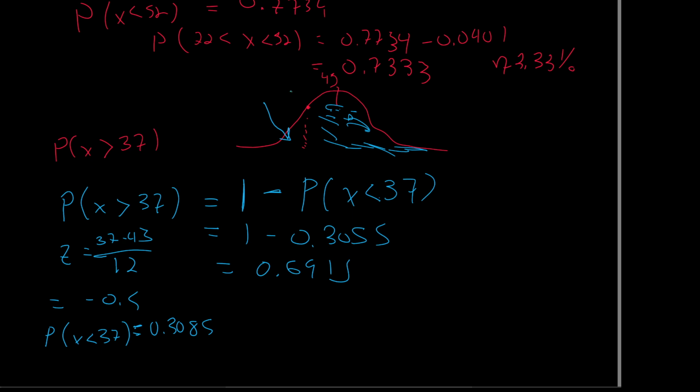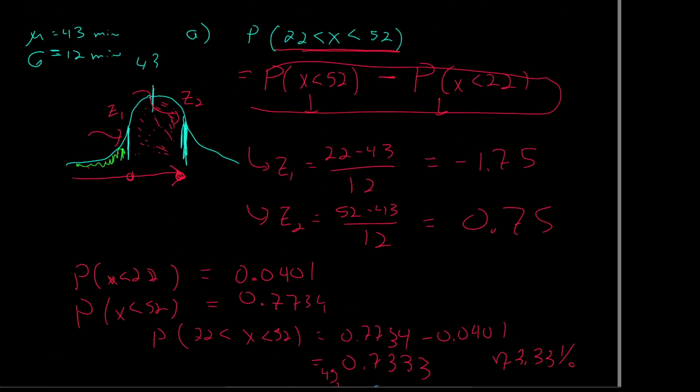So notice how using the idea of the complement and using the difference between boundaries helps us calculate our probabilities with z-scores. And that helps us work our way through.